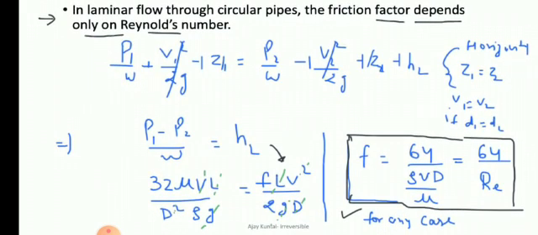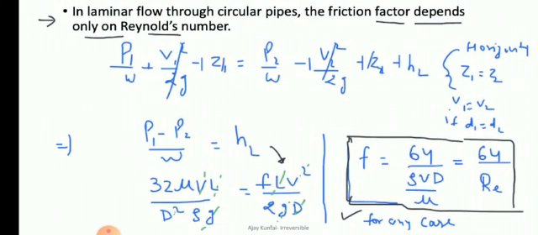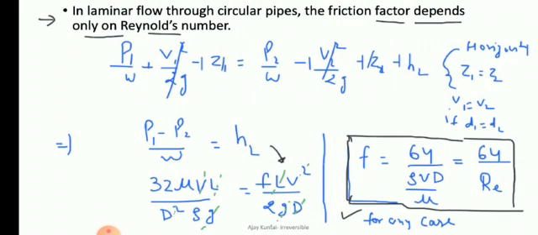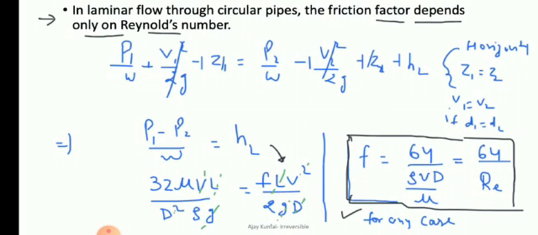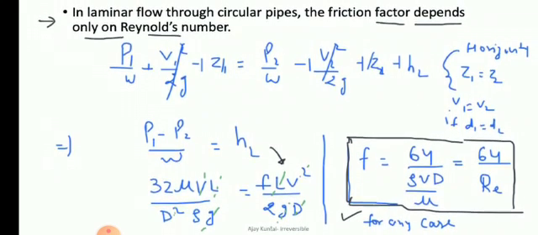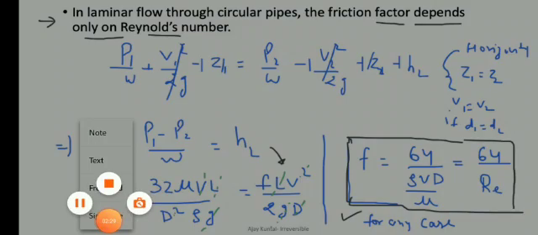Now by solving this, we get P1 minus P2 by omega is equal to head loss, and the other terms are removed because Z1 is equal to Z2 and V1 is equal to V2. Taking HL equal to f L V square upon 2gd, we can solve this, and the friction factor will be equal to 64 upon rho V d by mu, which is equal to 64 upon the Reynolds number. That is proved now.